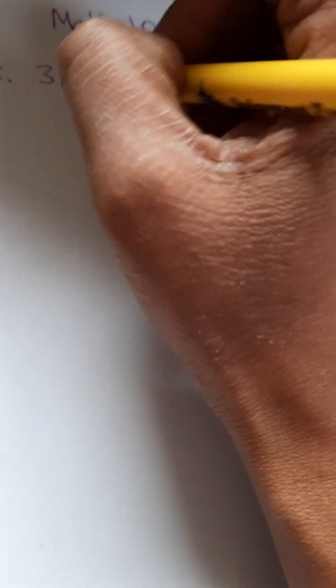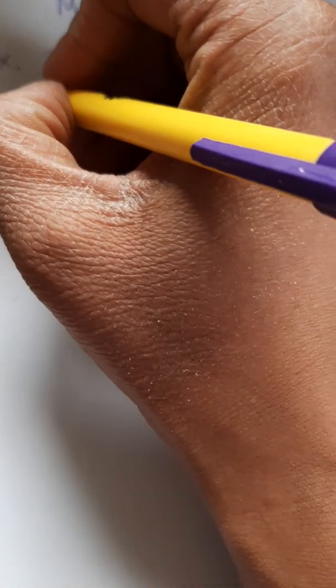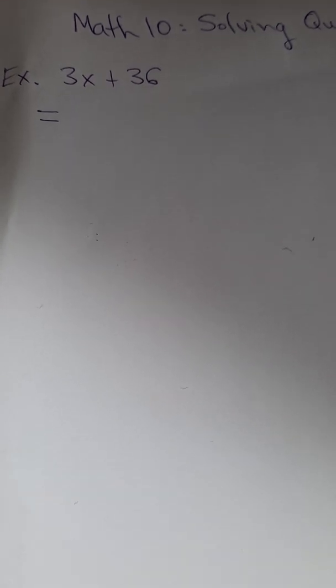Okay, so the first example we're going to do is 3x plus 36. I'm just putting this in so you can see what the difference is here, in terms of you solving for the equation itself. What you're going to do here is just factor out the 3.